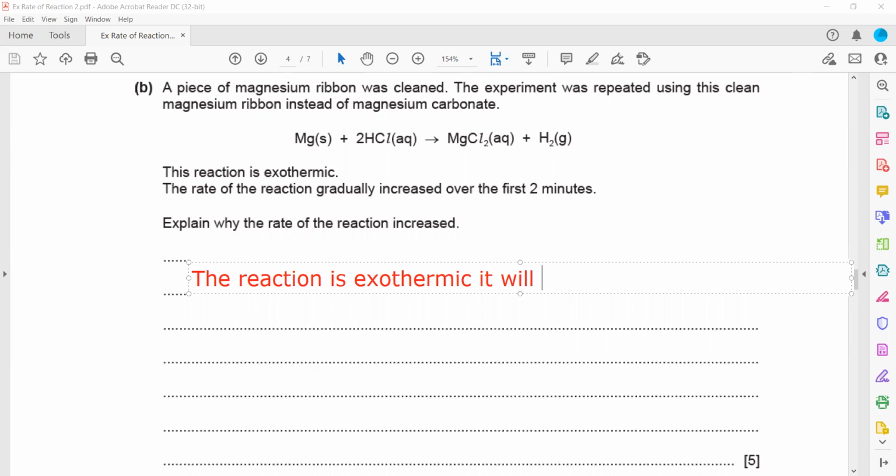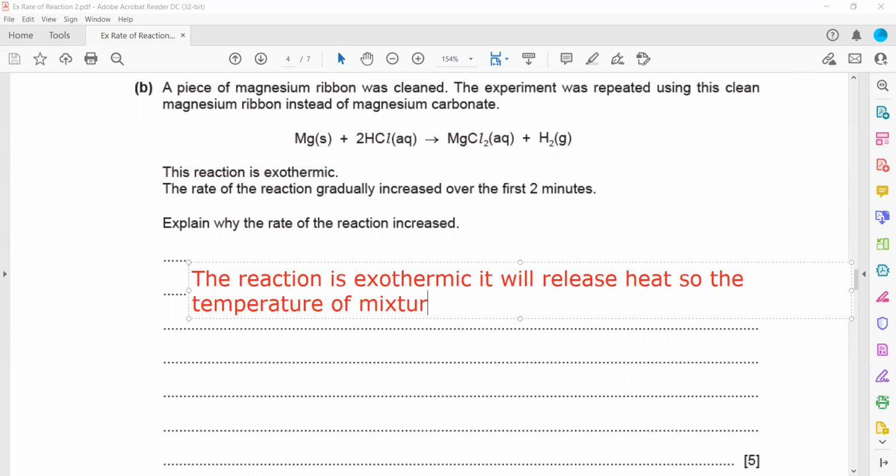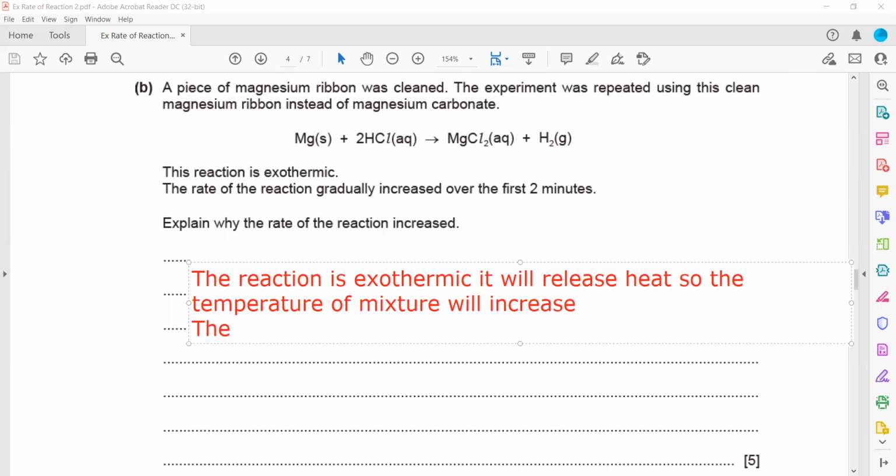It will release heat energy. So the temperature of the mixture will increase. As the temperature of the mixture increases, there will be more collisions between the particles.